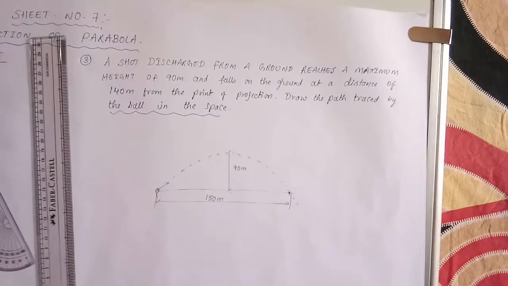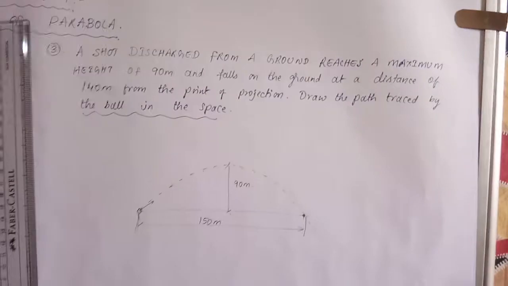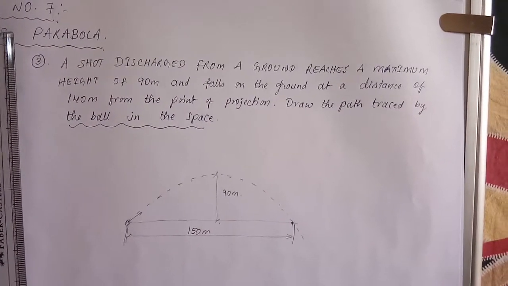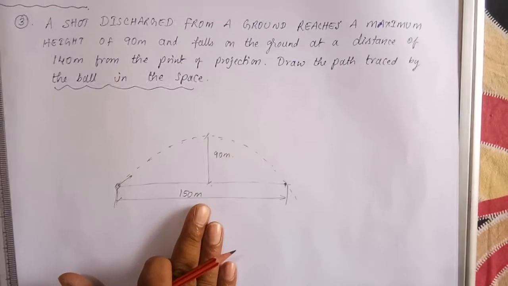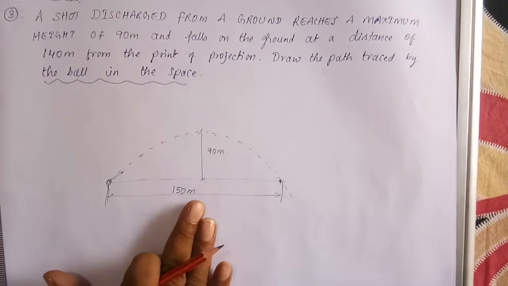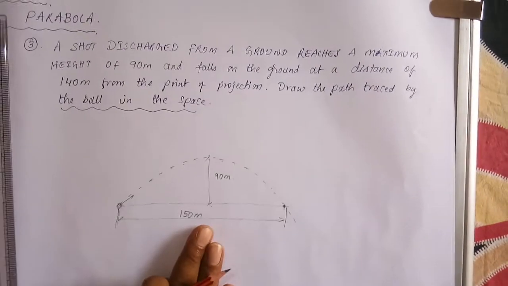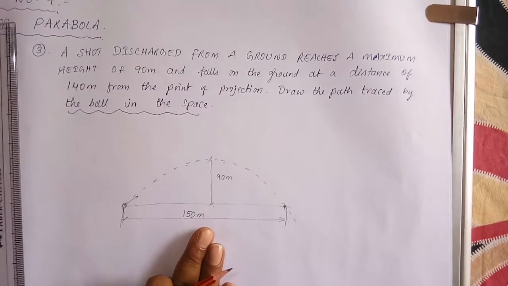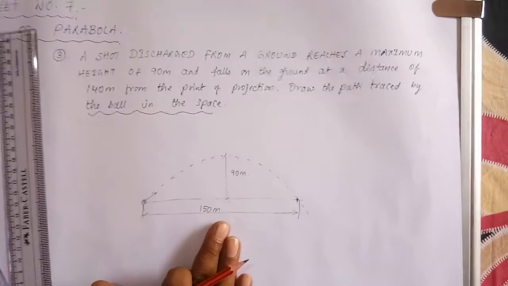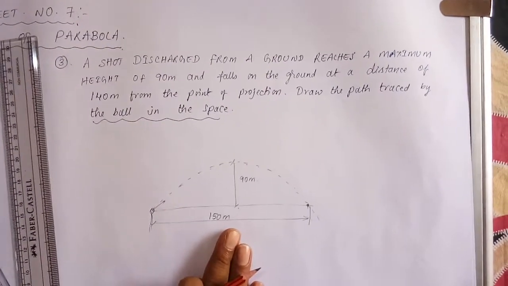This can be traced by a simple construction, simple construction by rectangular method. In the previous class we did the rectangular method in our previous video. The same rectangular method can be used here. In rectangular method we are going to construct a rectangle first.